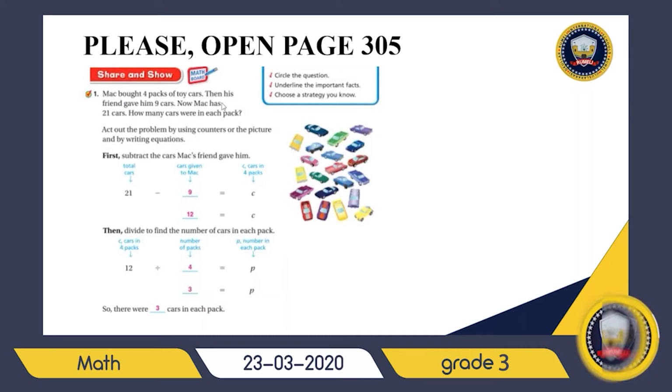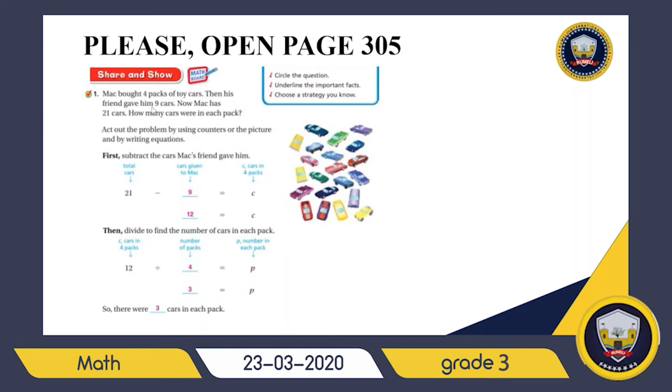It says his friend gave him 9 cars. If I try to find the total number of toy cars before his friend gave him 9 cars, what should I do? Which operation? We stated if someone gives you something, it means it will be addition. But if I want to find the total number before his giving, I need to do subtraction.